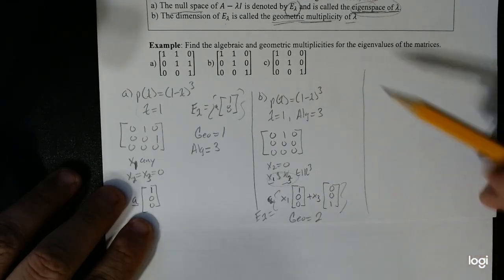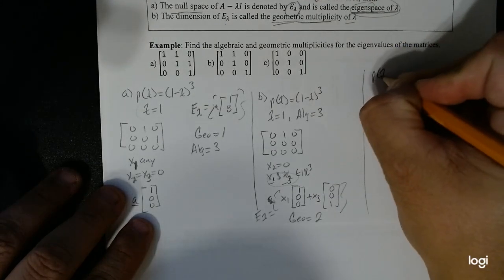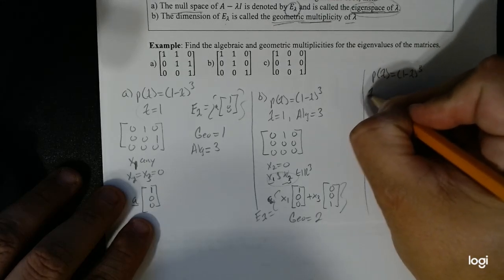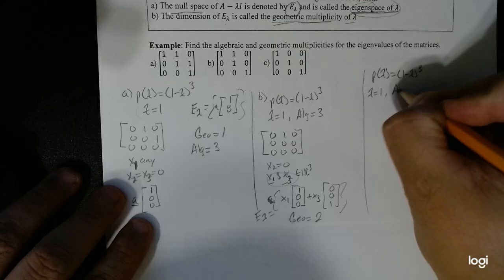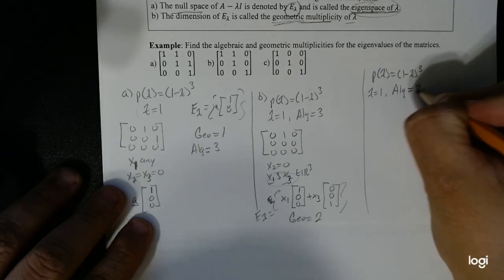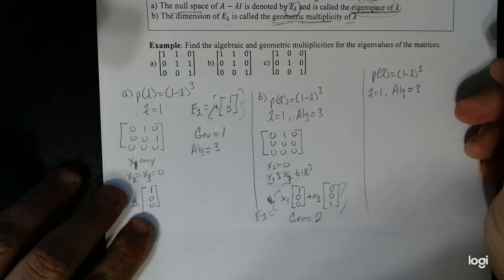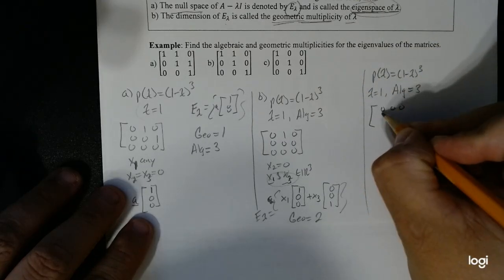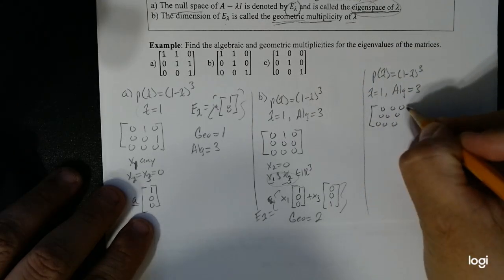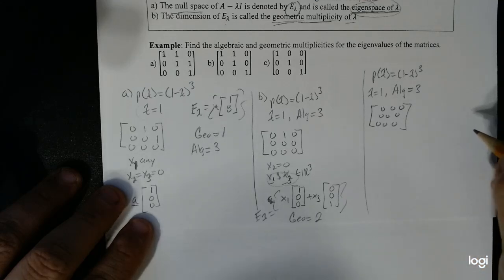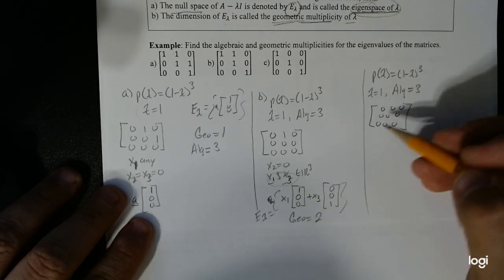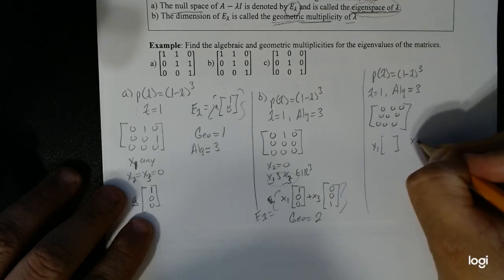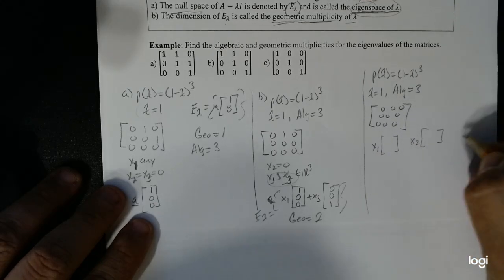Now we'll do the same thing for the last one. If I subtract by 1, notice we get all 3 being independent variables. So if we follow the same template here, we have 3 independent variables: x1, x2, and x3.